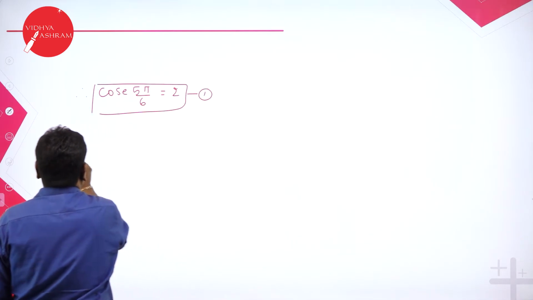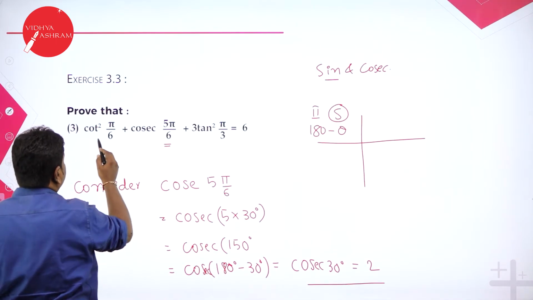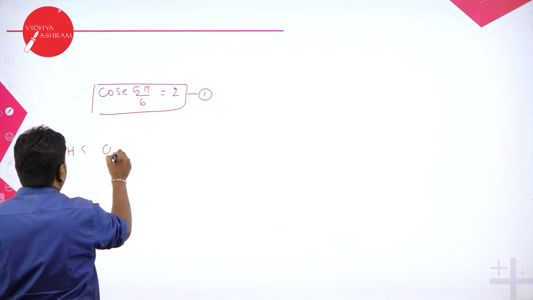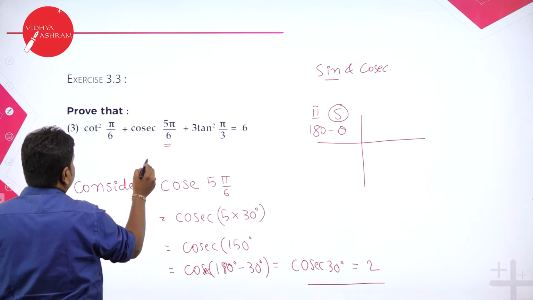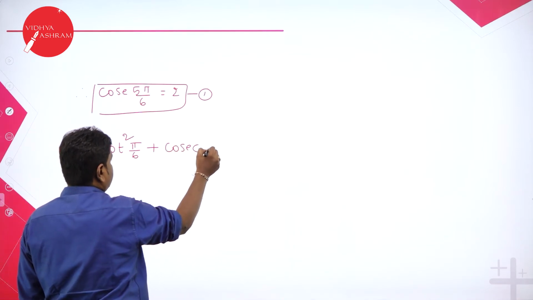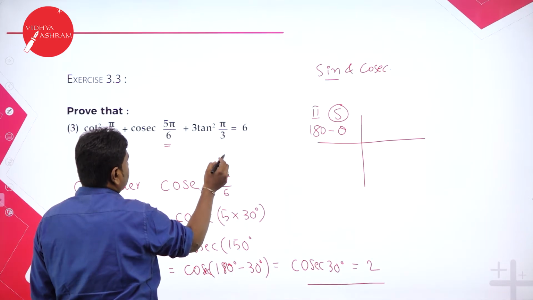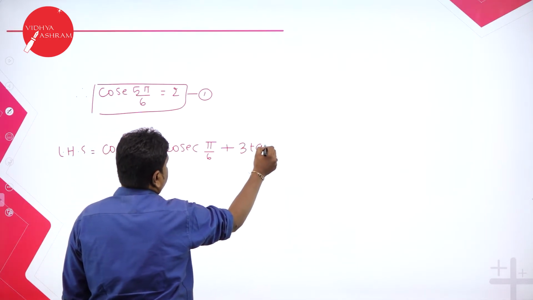Now go to the LHS of the given problem. The given problem is cot square pi by 6 plus cosecant 5 pi by 6 plus 3 tan square pi by 3.